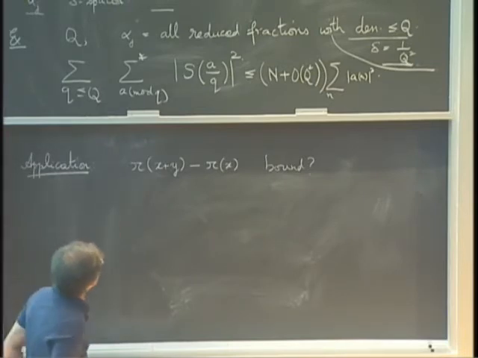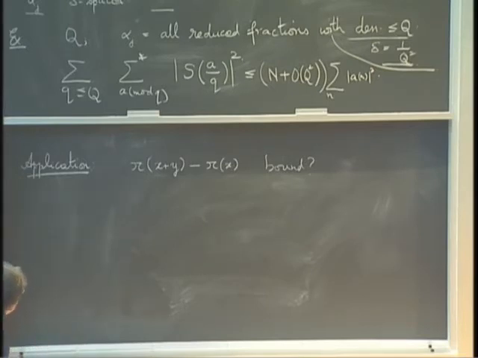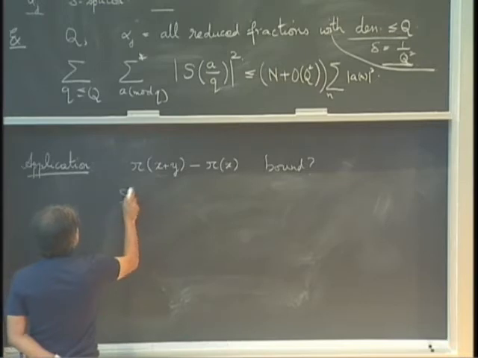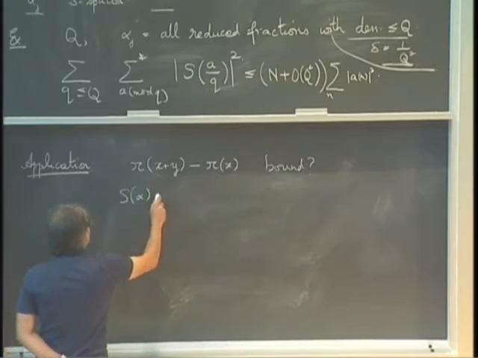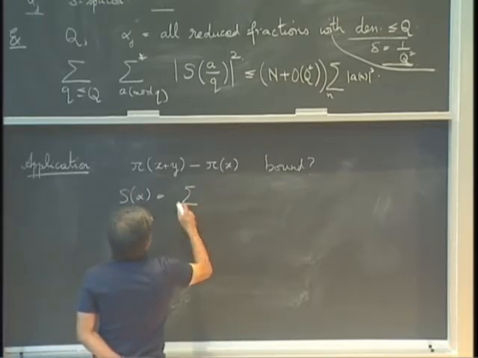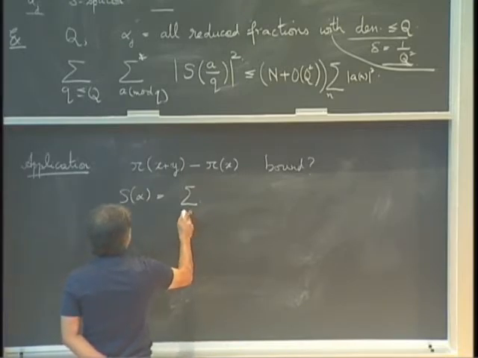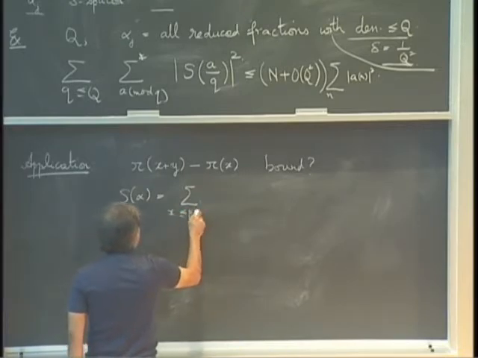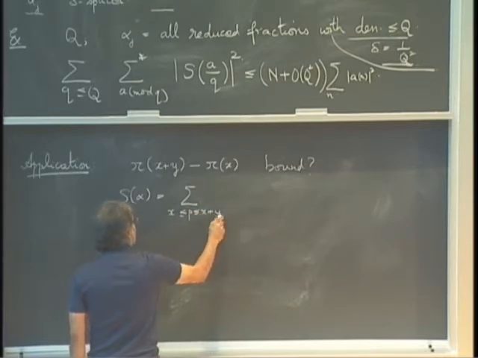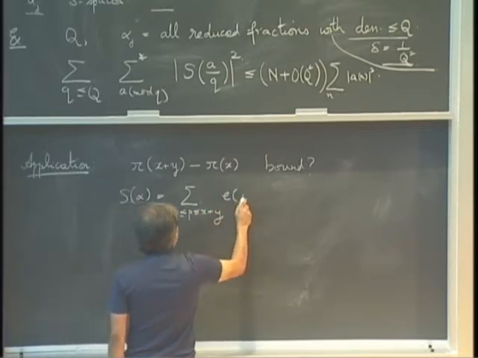So let's bound this using the large sieve instead. I'm going to take my function S(alpha) to be the sum over n a prime, p going from x to x plus y, e(p alpha).